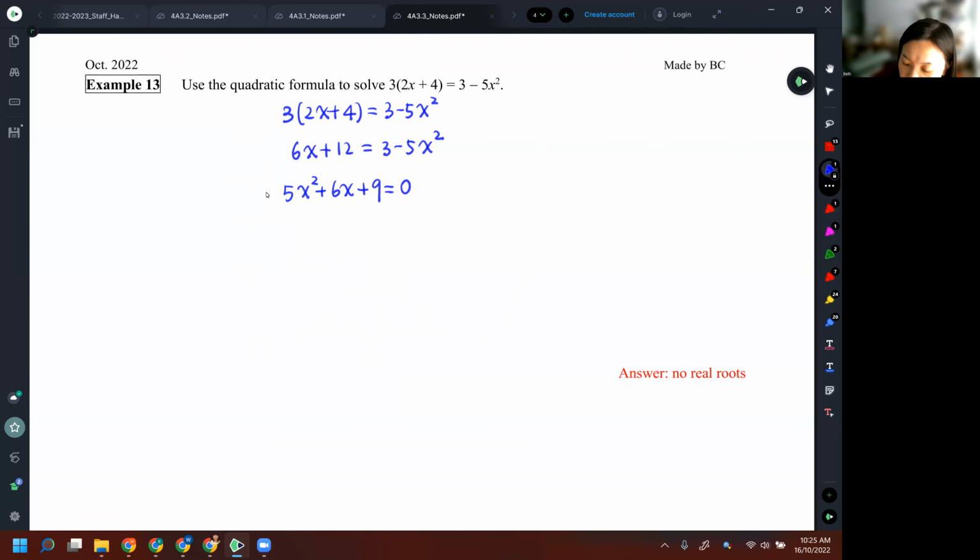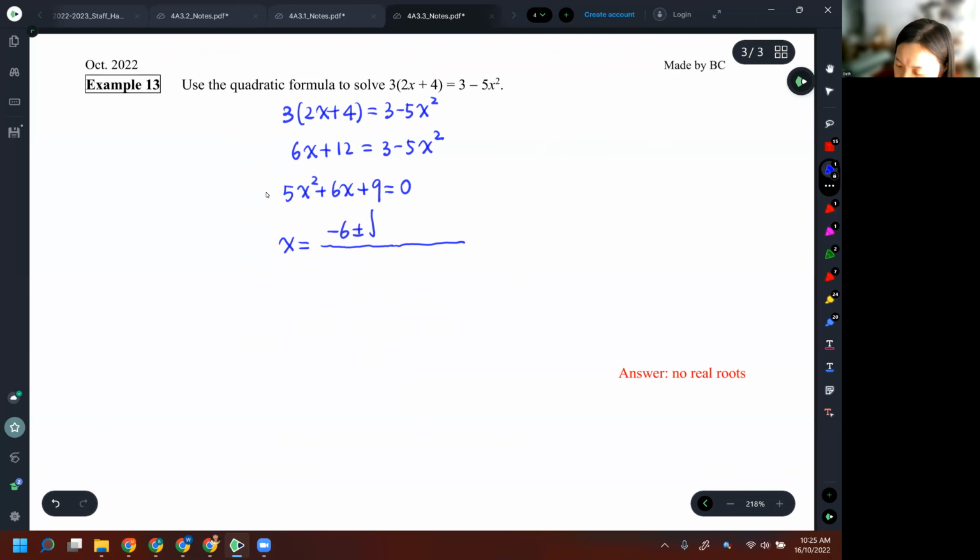And then use the quadratic formula. Now here A, B, C are easy, so I don't write them out. Negative B plus or minus the square root of B squared minus 4AC, divided by 2A.